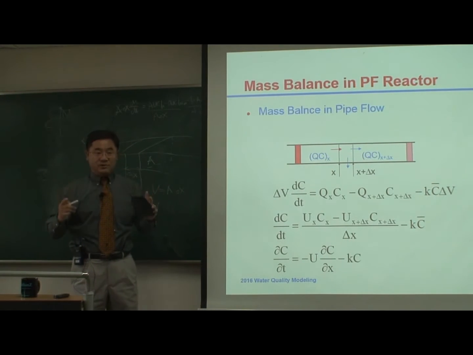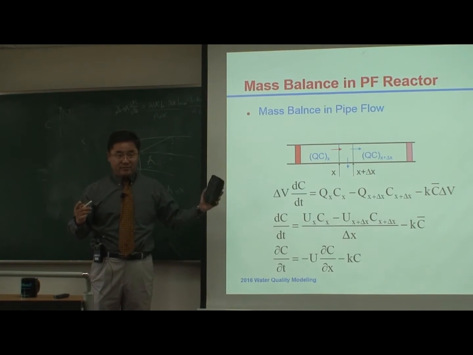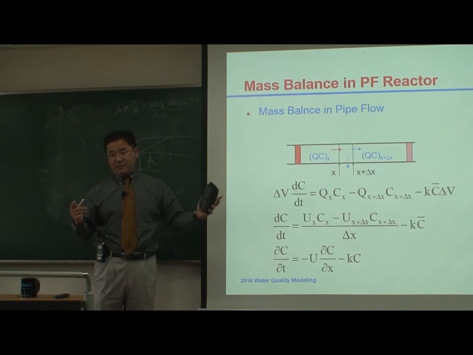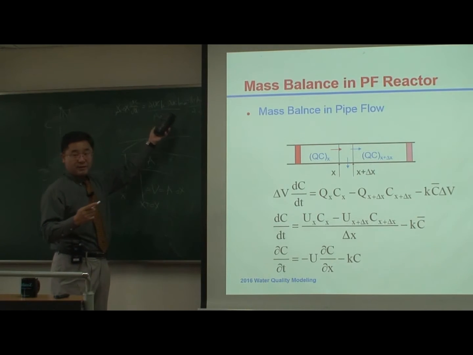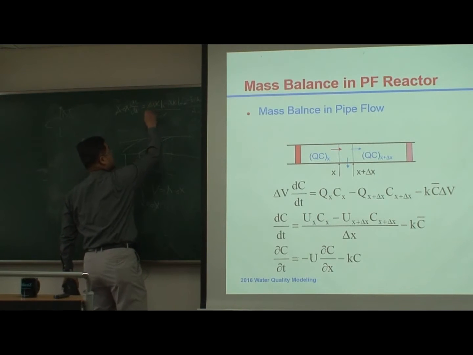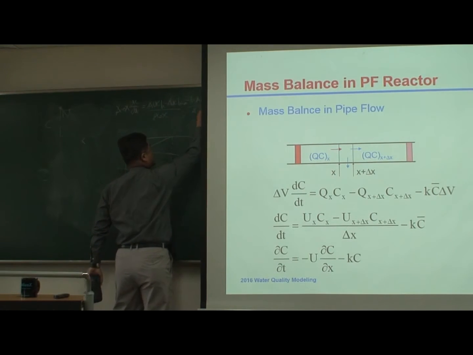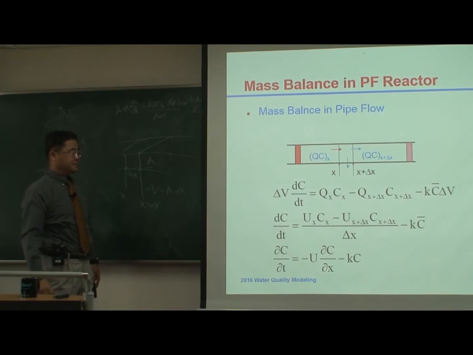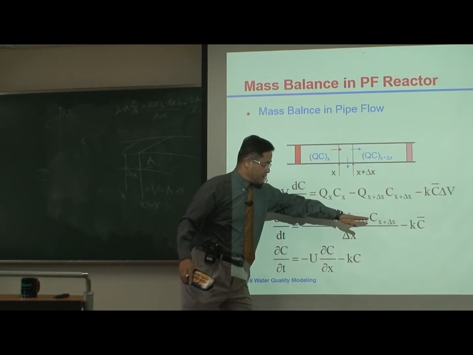Using the principle of continuity, my Q at X will be the same as Q at X plus delta X. In this case, I have the same A and the same U, so I can cancel everything like that. Right? So I will come up with the equation like this.